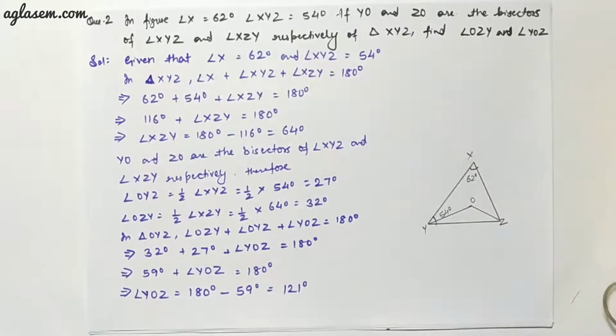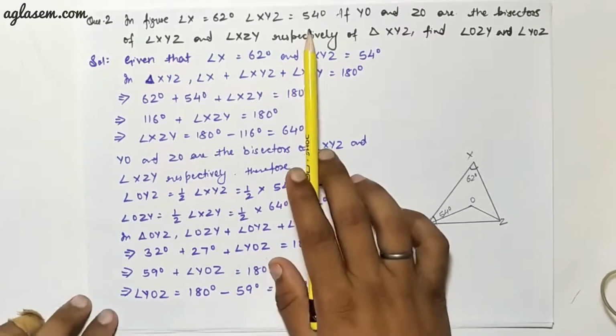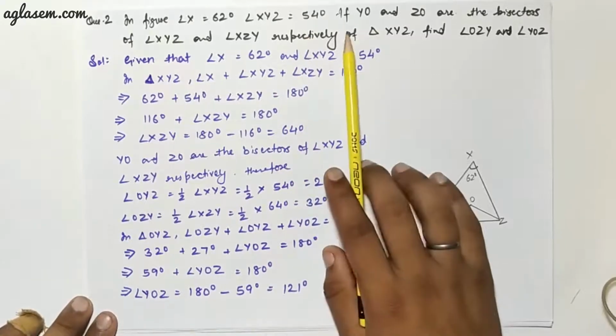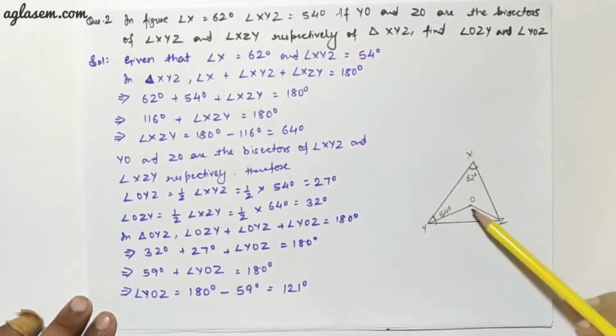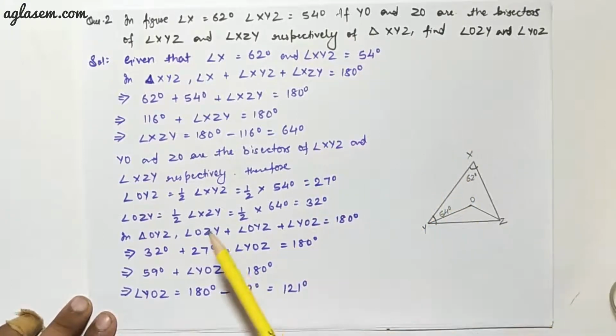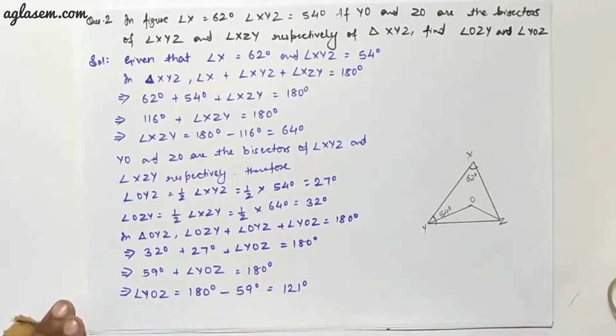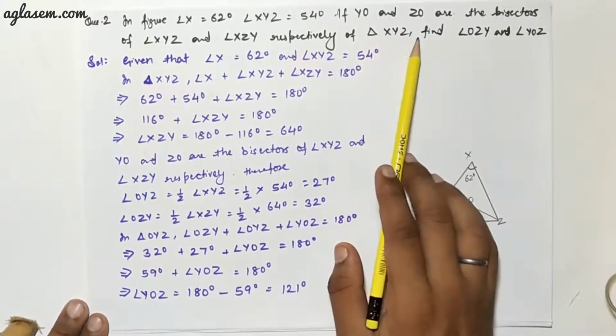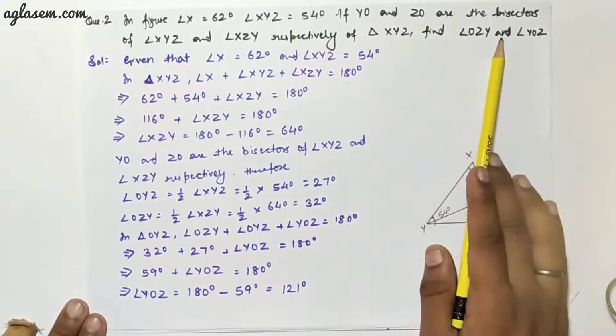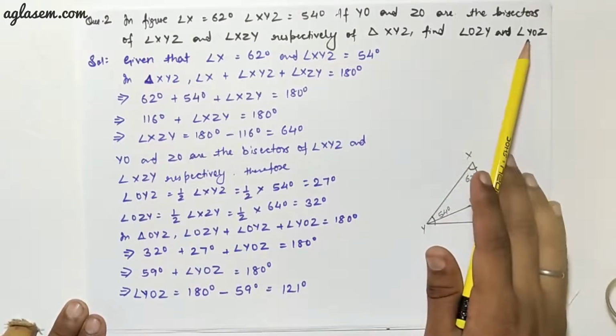So question number 2 says: in the figure, angle X is equal to 62 degrees, angle XYZ is equal to 54 degrees. If YO and ZO are the bisectors of angle XYZ and angle XZY respectively of triangle XYZ, find angle OZY and angle YOZ.